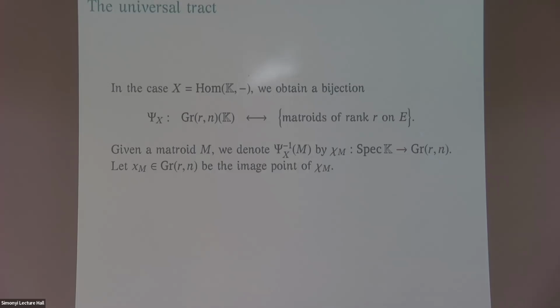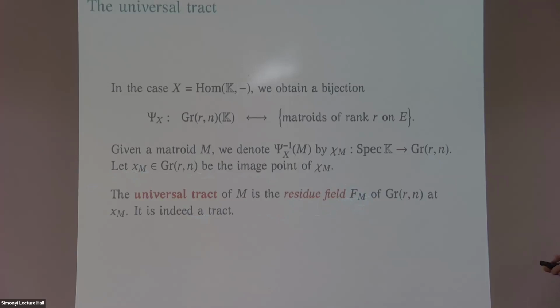I didn't tell you that, but it's like that. If you work it out, this image point, x_M, has a residue field, which is really a tract. Or here F_M, sorry.